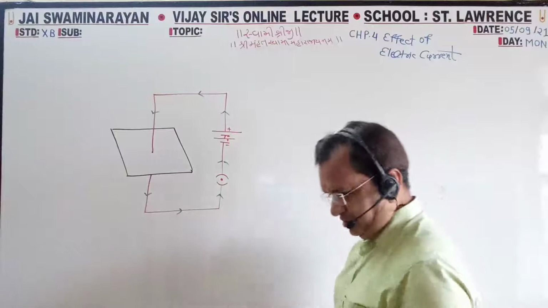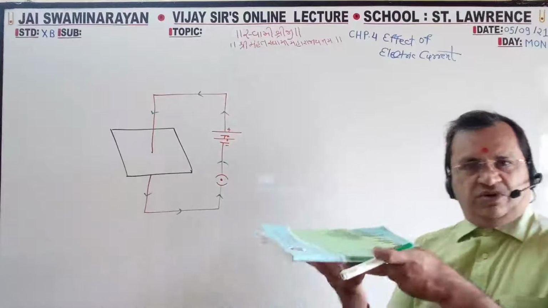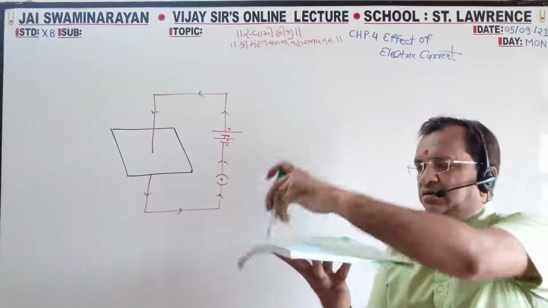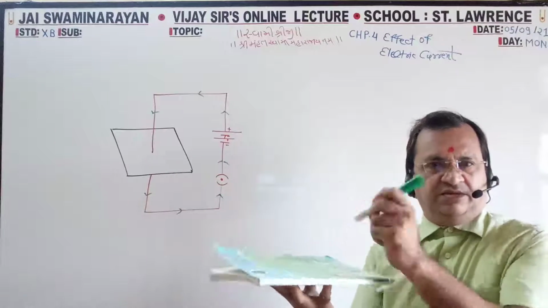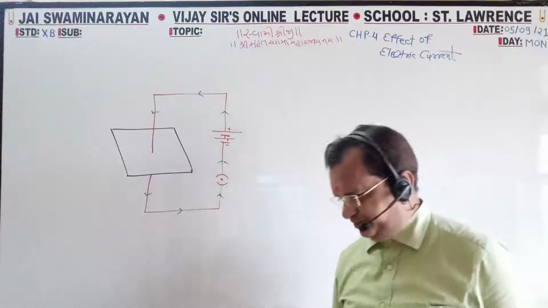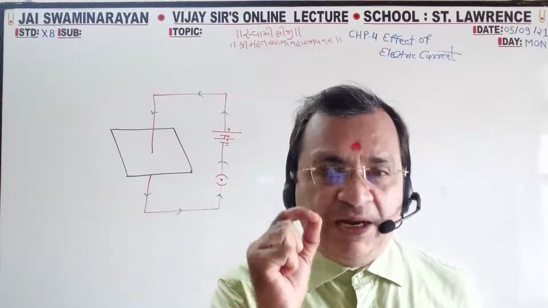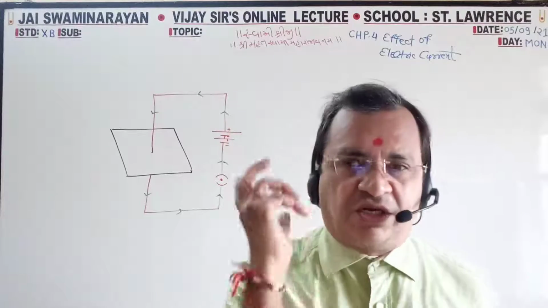Now, this is a cardboard, I'll give a jerk on all four points. Just give a jerk. So all those particles will automatically be arranged in circles.